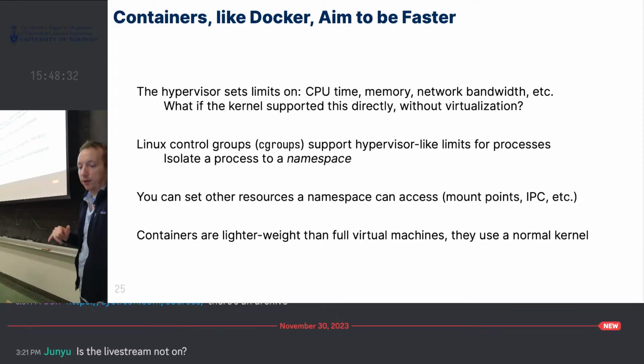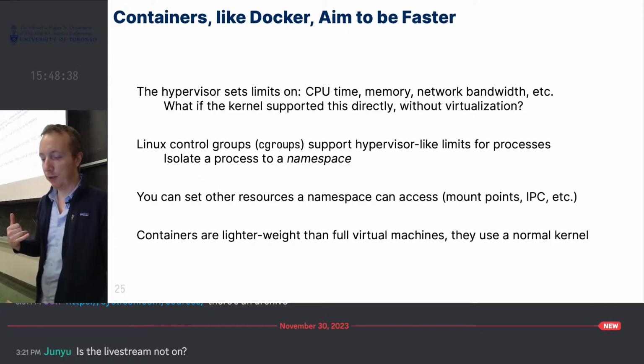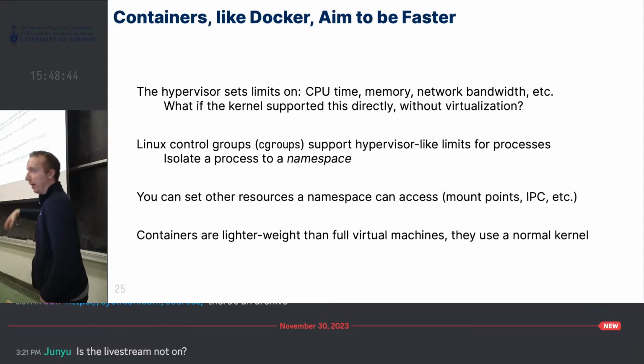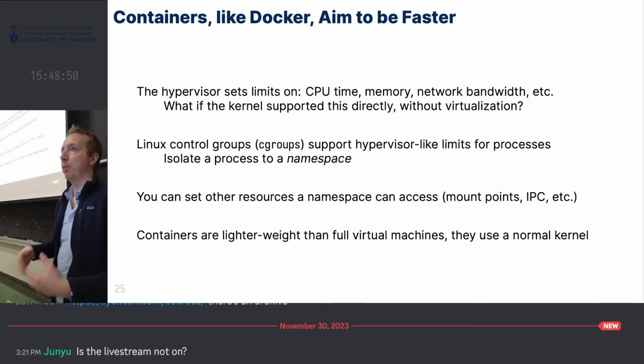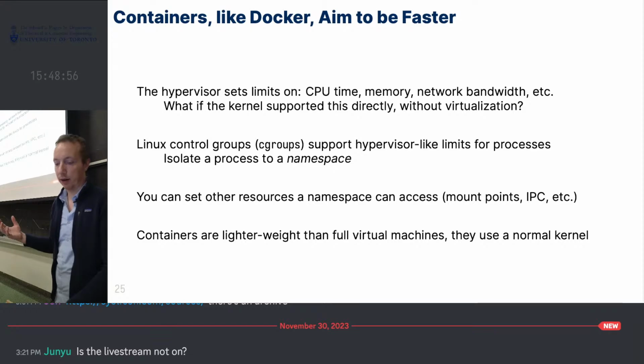So on Linux, there's something called control groups, or cgroups, that support these hypervisor-like features, like isolating processes into something called a namespace. And then you can set what that namespace has access to, like mount points or files, IPC, things like that. And it runs as a normal user process, but it is isolated from the other processes that are running.